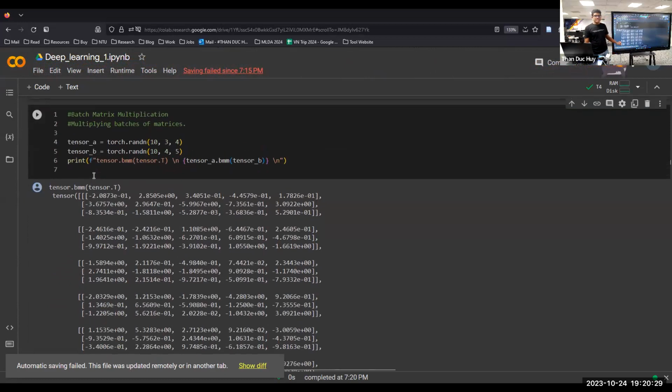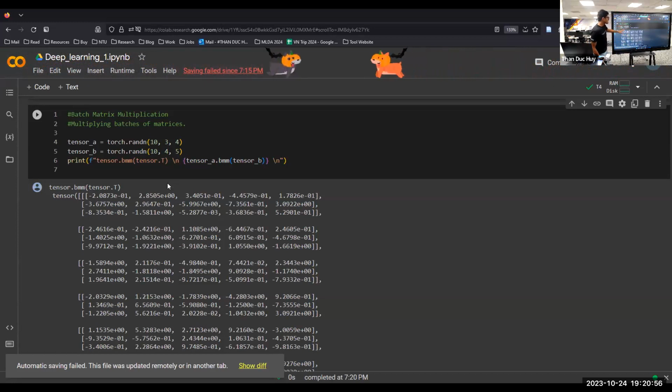Okay, so this is batch matrix multiplication. Now this tensor has 3 dimensions, but matrix multiplication is for matrices, which are 2-dimensional objects. So what this essentially means is that you have 10 stacks of matrices with this specific shape.